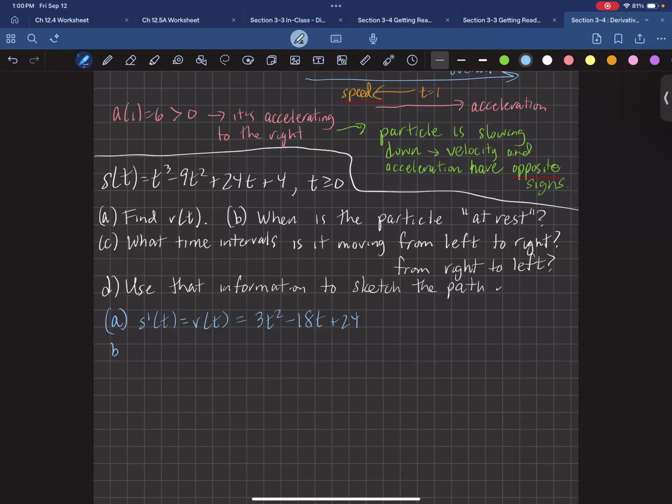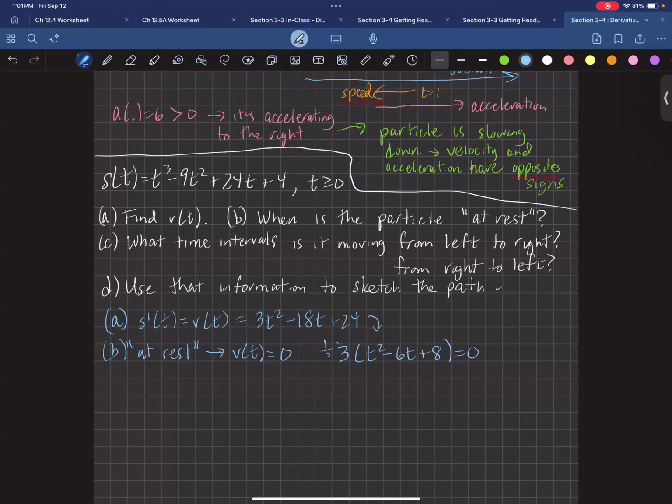B, at rest is the same thing as when the velocity equals 0. It's resting, it's not moving. So what we do is we set this equal to 0. I'm going to factor out a 3 right now because I think it's going to be a little easier to do everything if I do.